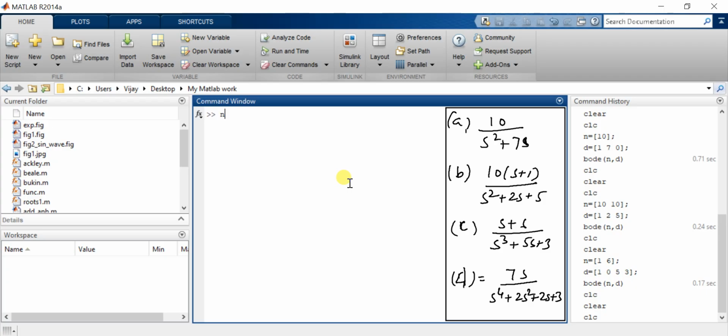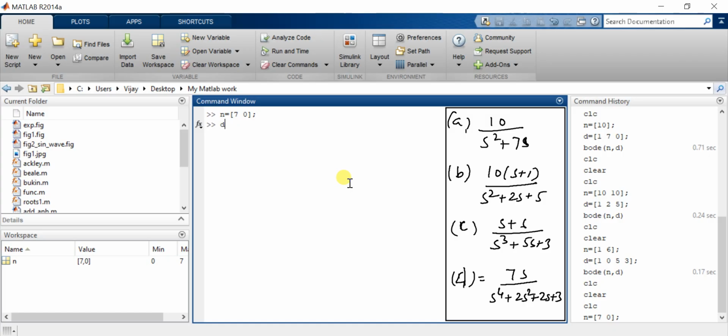So n equal to 7, 0, and d equal to all the coefficients of the denominator, that is 1, 0, 2, 2 and 3.